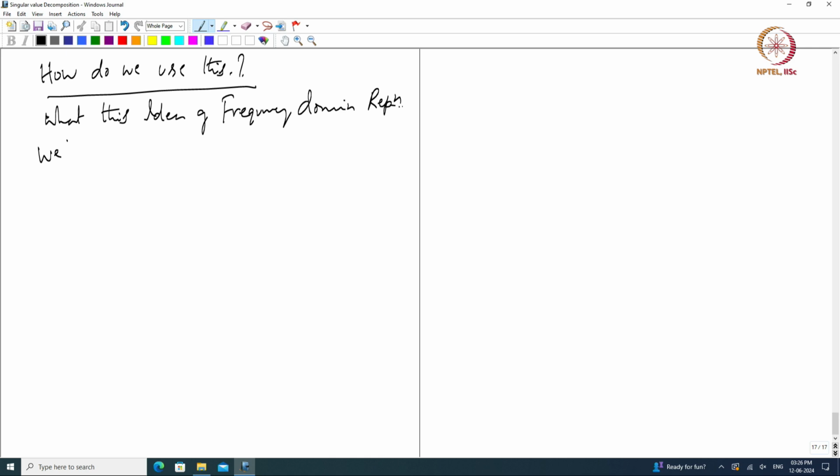We know so far that given f of t, I can put it as a naught by 2 plus sigma a n sin n omega t plus sigma b n cos n omega t, n equal to 1 to infinity.